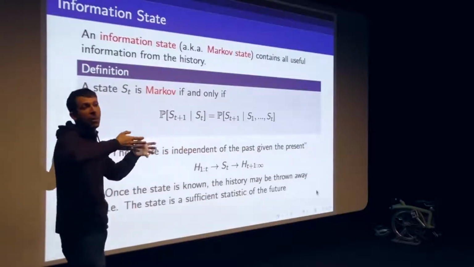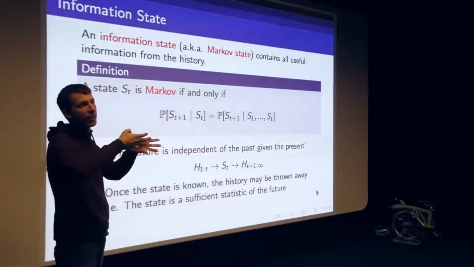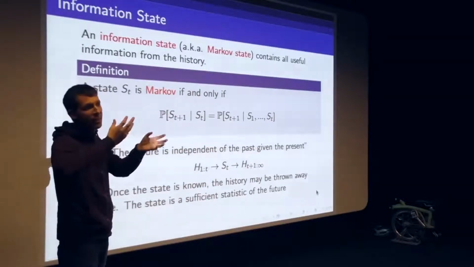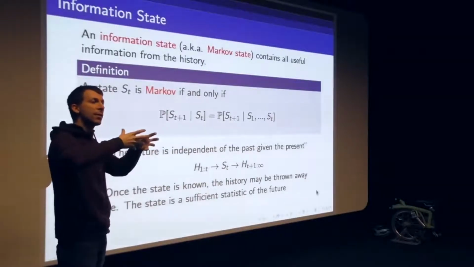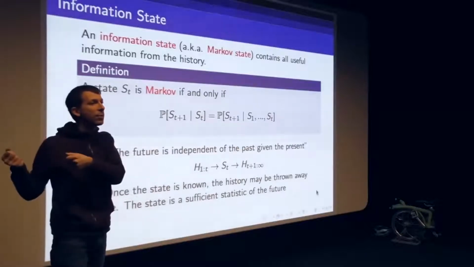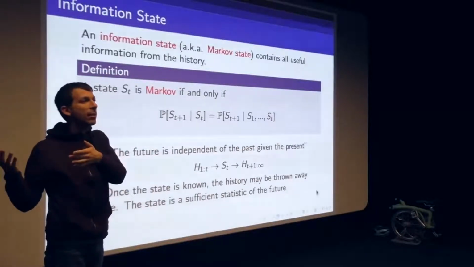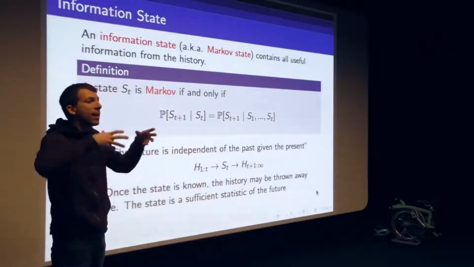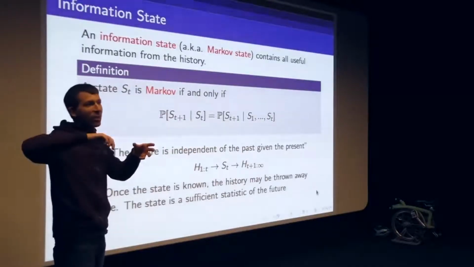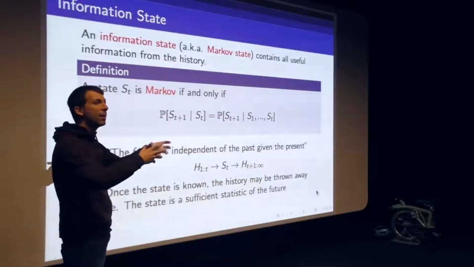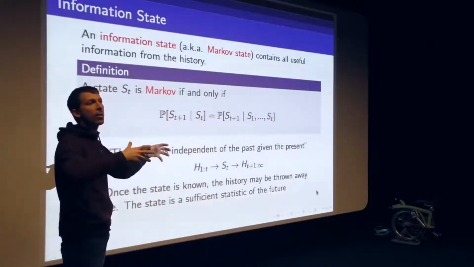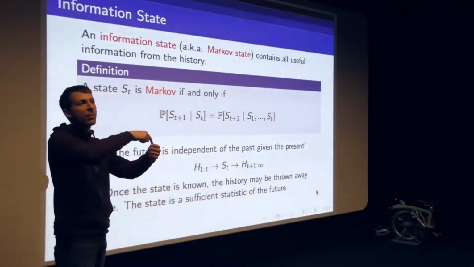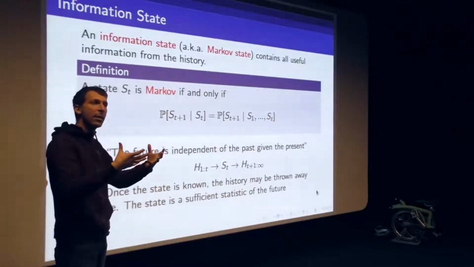Maybe you need to know the wind direction and things like that as well. But if you know all of those things, it doesn't matter what the position of the helicopter was 10 minutes ago. That doesn't make any difference to where the helicopter will be at the next moment. All that matters is where it is now and the wind direction, and that will fully determine what will happen to the helicopter at the next moment. You don't need to remember this detailed history of its previous trajectory, because it's irrelevant.